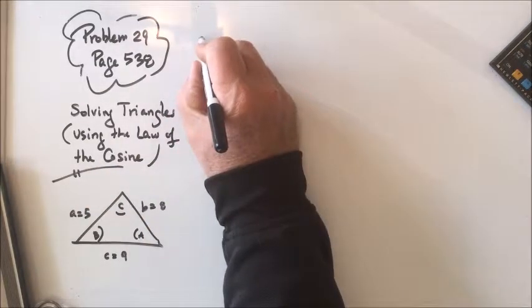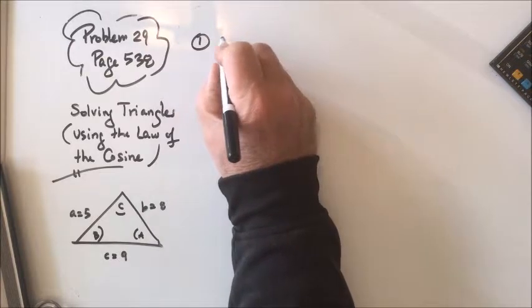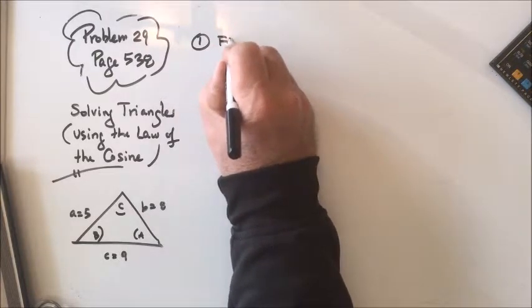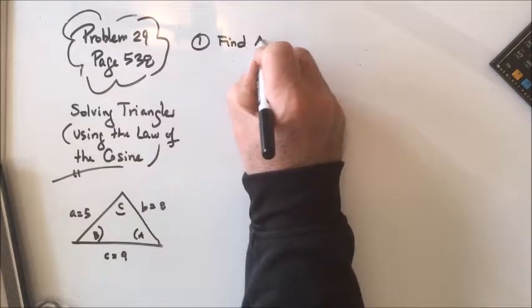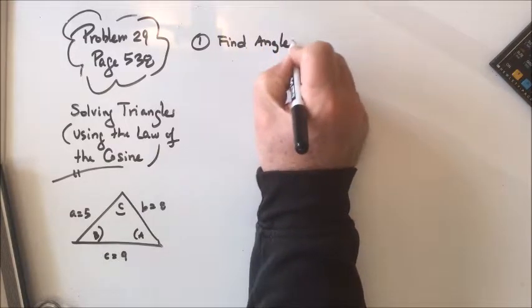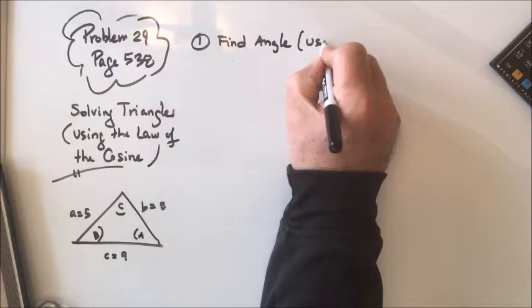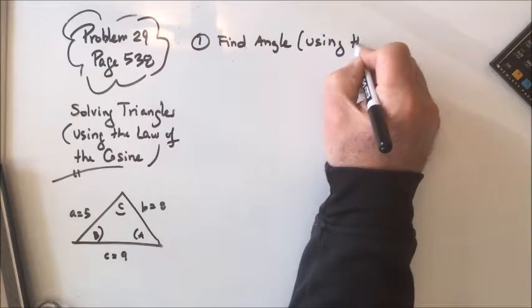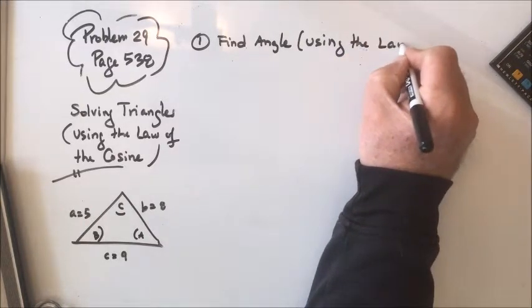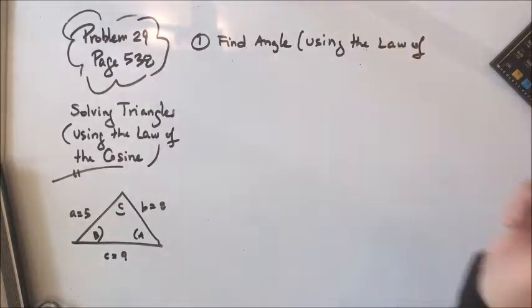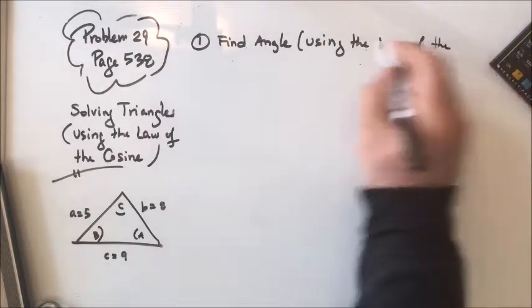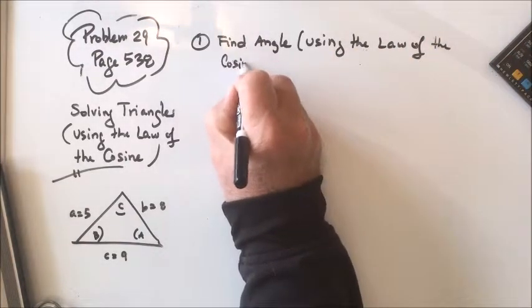So let's go. Step 1, find angle A, and we're going to do that by using the law of cosines.